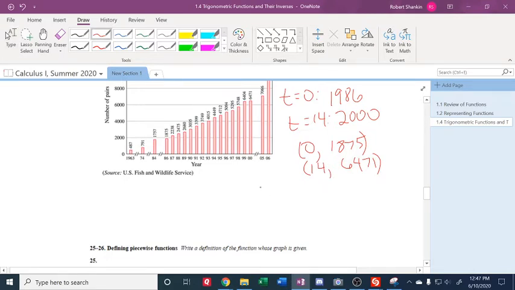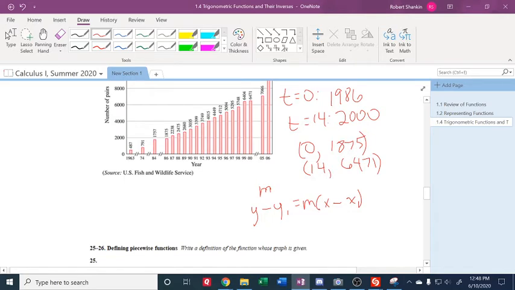First you find the slope from these 2 points, and then you use y minus y1 equals m times x minus x1 to find the equation of the line that passes through those 2 points.